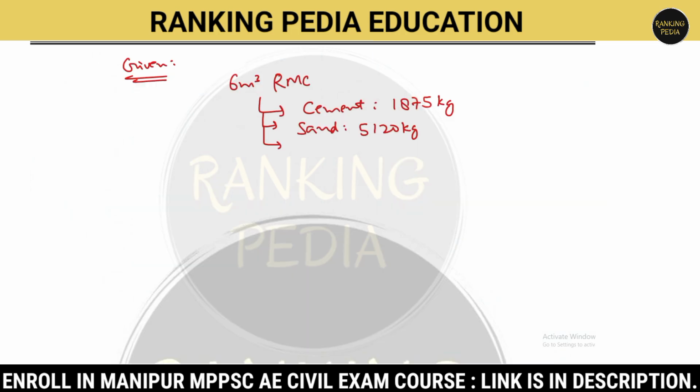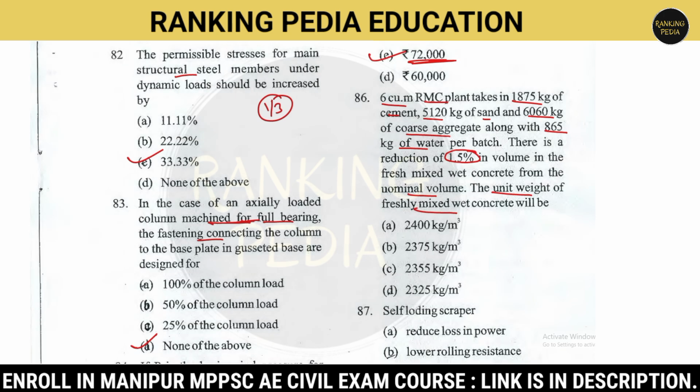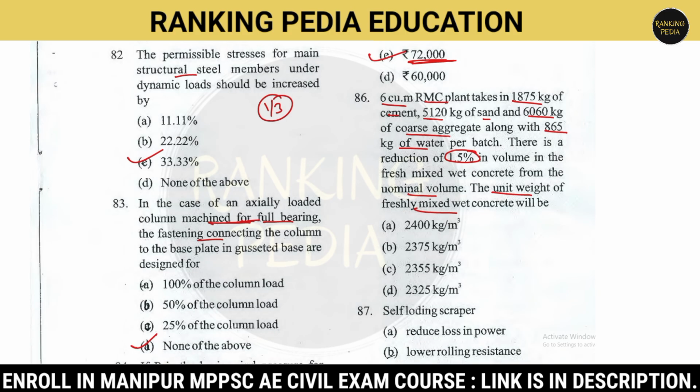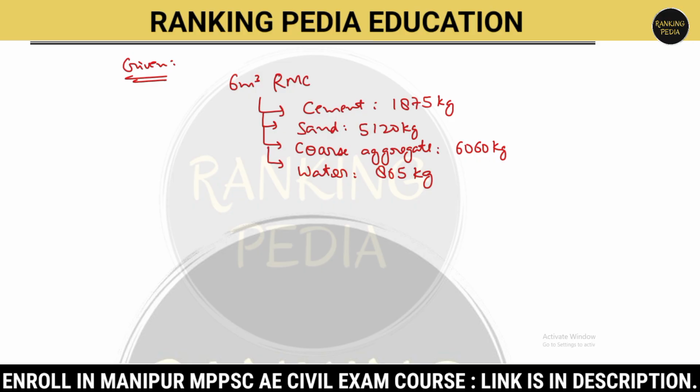Coarse aggregate is 6,060 kilogram. Water is 865 kilogram, and also there is a reduction of 1.5% in volume. So what we have to find? We have to find out the unit weight of freshly mixed wet concrete.